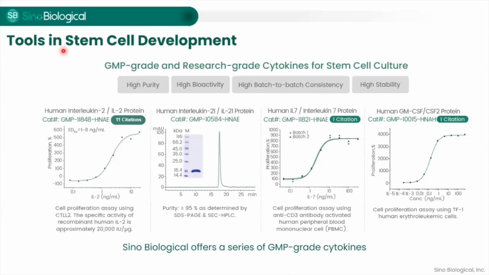And here are a few examples of our featured GMP-grade cytokine products for IL-2, 21, 7, and GM-CSF, where you can see that they are validated for their bioactivity in cell proliferation assays, as well as tested for their purity, so they're high in purity, validated via SDS-PAGE and SEC-HPLC. And also these GMP-grade cytokines have high batch-to-batch consistency.